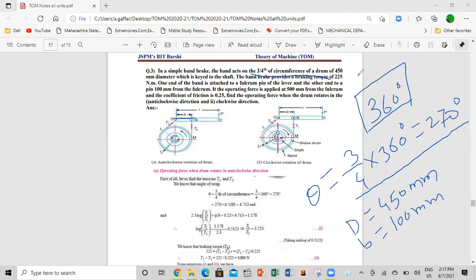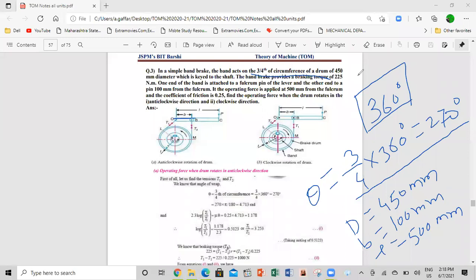Then the operating force is applied at 500 mm from the fulcrum. This is the length of the lever, 500 mm. On this point we are applying the operating force, which is nothing but effort, denoted by P. So L is equal to 500 mm.